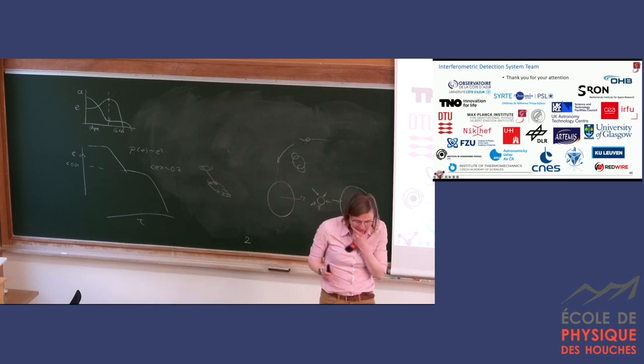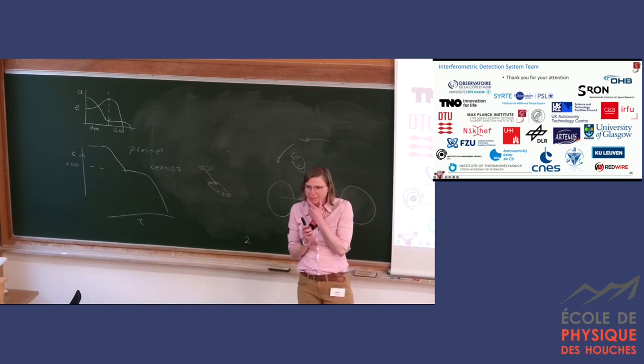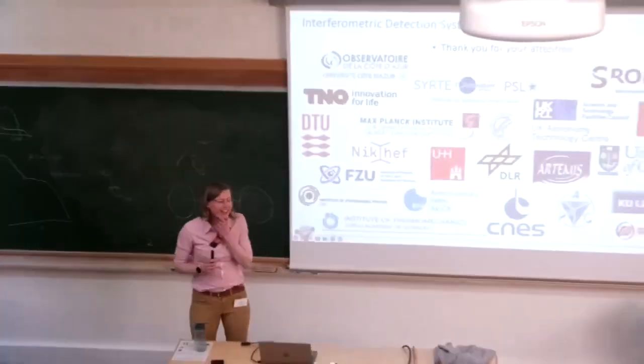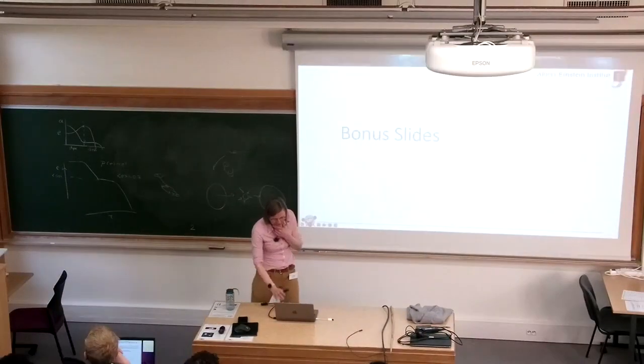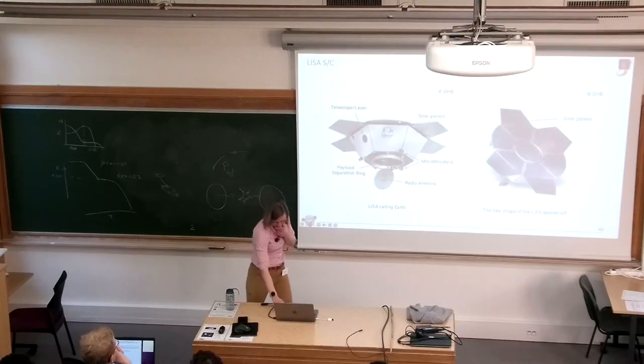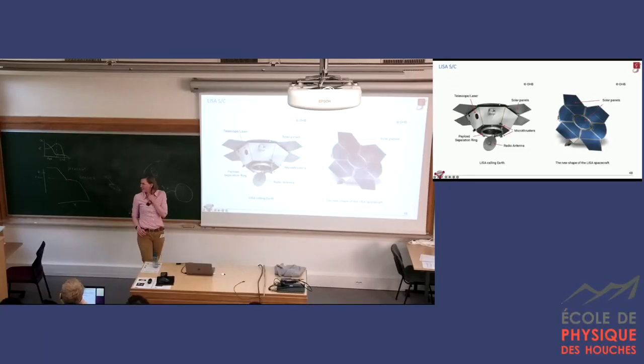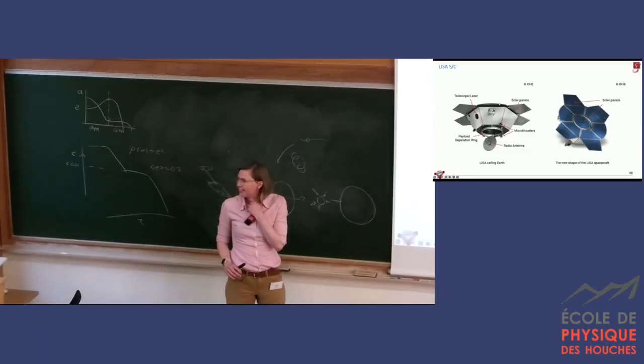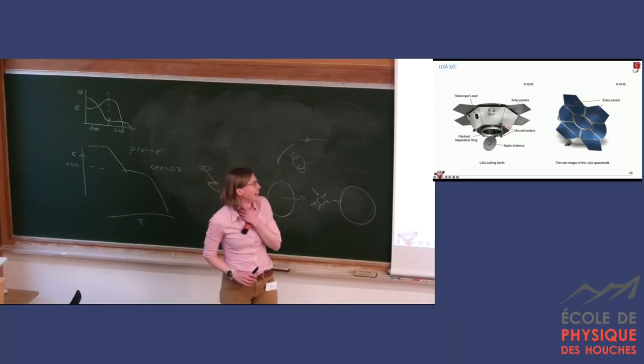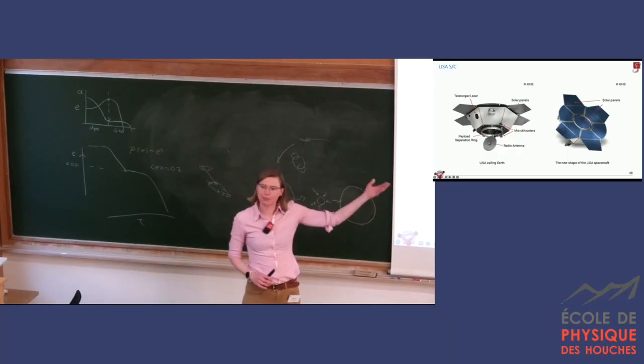And here I wanted to show you a few spacecraft pictures that I'm allowed to show. I think the first 2 were actually on LinkedIn. So this is how the LISA spacecraft is going to look.